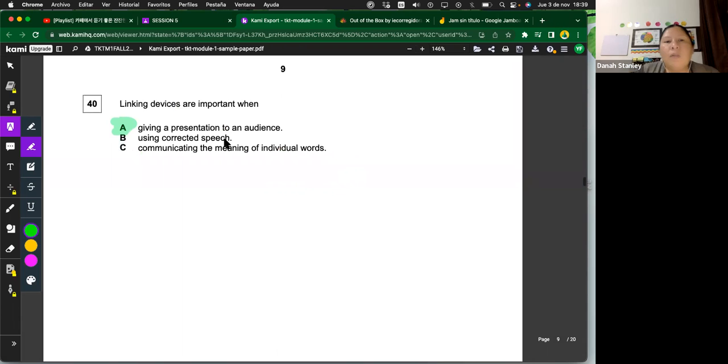Linking devices are important when giving a presentation to an audience, using corrected speech, or communicating the meaning of individual words. It is giving a presentation to the audience, because in that case the piece of information you are delivering may have correct coherence and cohesion, so it can be very clear. Corrected speech, you don't have time to correct.